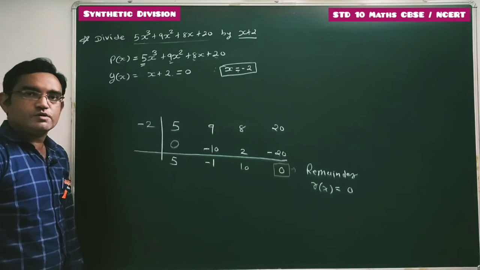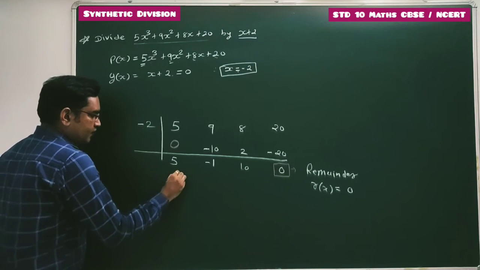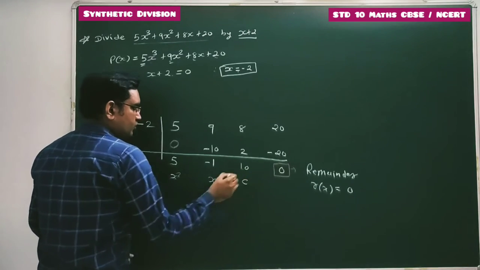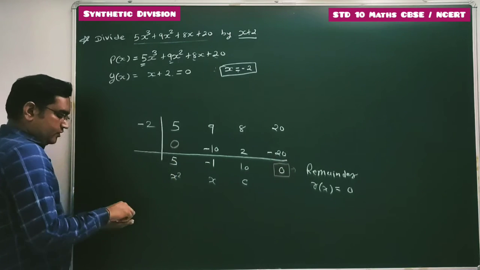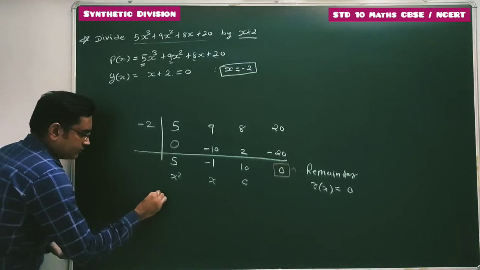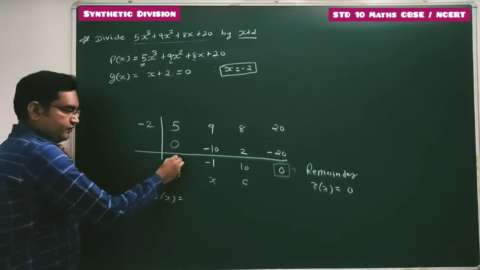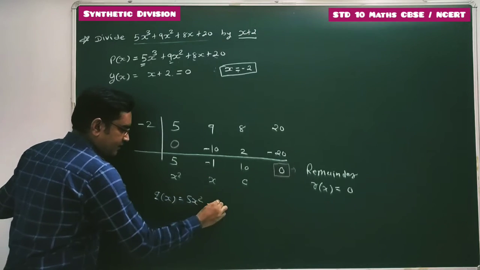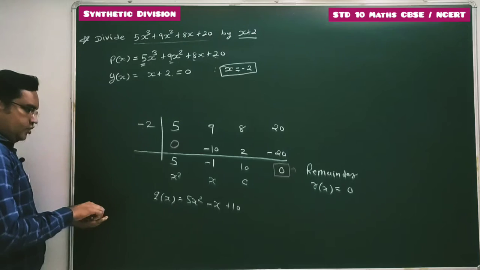Now what about the quotient? The quotient consists of the terms with x square, x and the constant term. So this 5 is the coefficient of x square, and the quotient q of x is 5x square minus x plus 10.